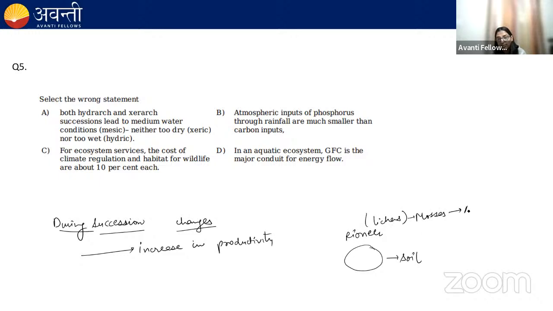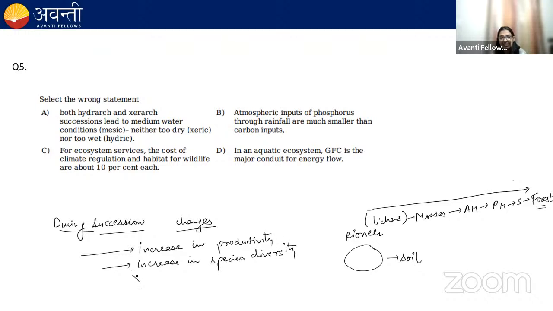After mosses, you will observe the annual herbs, then perennial herbs, then shrubs, trees, and forest. So you will observe the forest is the climax community. Earlier, there will be very less species diversity, but at the climax community, you will observe high species diversity. And the biomass or the productivity also increases. So you will observe increase in productivity and increase in species diversity.